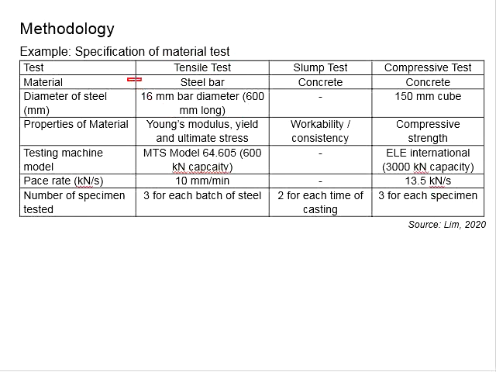The dimensions of the bar in terms of the diameter should be the same as your specimens. Theoretically, you should use the same batch of the steel that you use to fabricate the specimens, which in this case, bar diameter 16 mm was used for fabrication of the specimen.